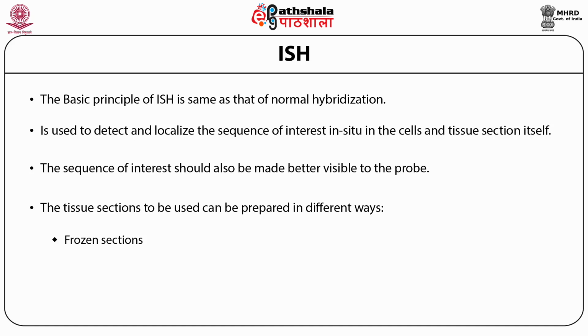Second, one can also use paraffin embedded sections, in which the sections are first fixed and then embedding is done in wax before sectioning. However, if cells are to be used, then cellular suspension is made. The cells can be fixed onto slide with methanol.